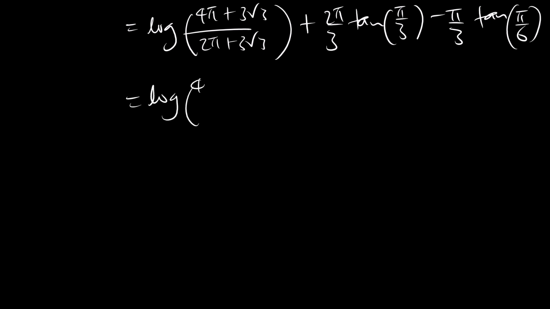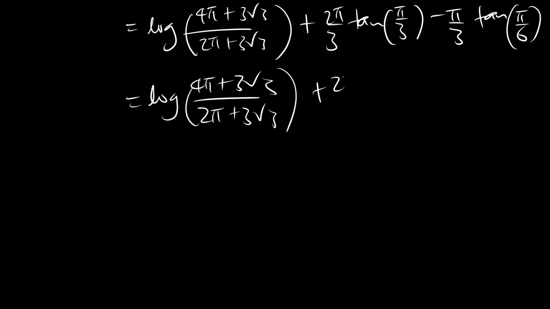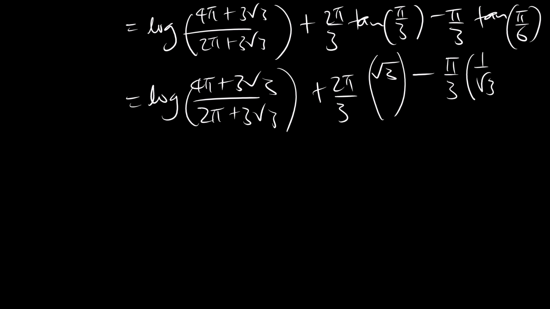log of 4 pi plus 3 root 3 over 2 pi plus 3 root 3 plus 2 pi over 3 tangent of pi over 3, which is the same as root 3. Yes, so root 3 over 2 over half, right? Minus 1 over 3, which is the same as 1 over root 3.